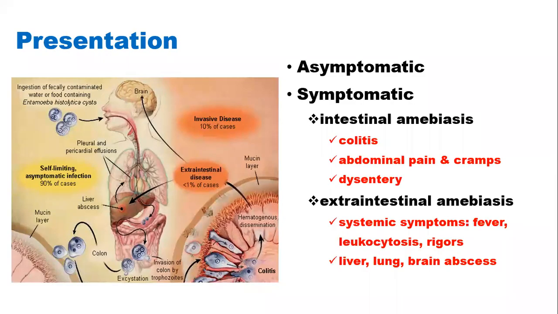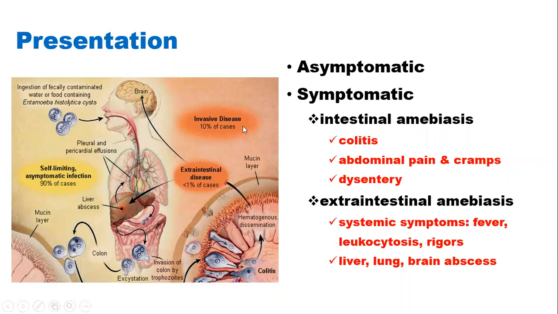So look at this diagram here. What this diagram is trying to explain is that when an individual is exposed to the matured cyst and you have the infection established, in a significant number of patients, like 90% of the cases, it's a self-limiting asymptomatic infection. So the patient hardly comes to the clinic complaining about anything.